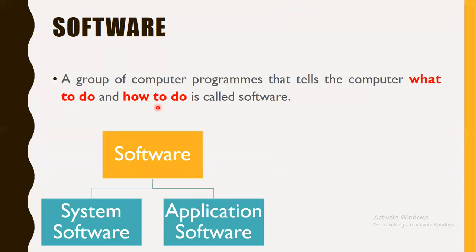When we talk about the types of software, we have already studied that there are two types of software. These are system software and application software. System software is the very basic software of a computer. In the absence of system software, we won't be able to perform any task.